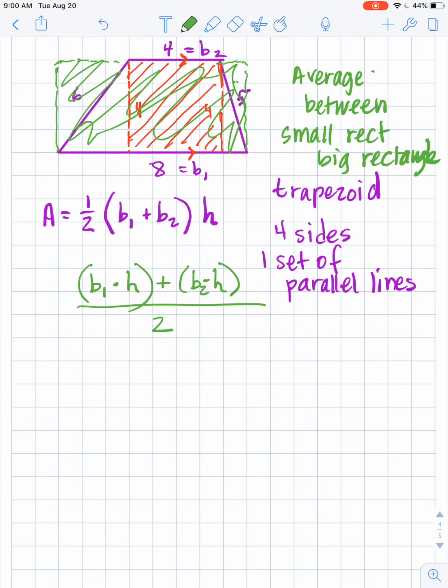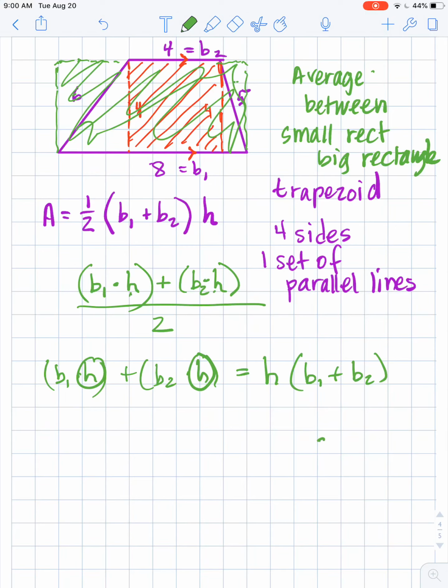These two are actually the exact same, because by the distributive property you can take out the h factor in both. So base 1 times height plus base 2 times height is also equal to the height times base 1 plus base 2. You just take this one out of both.